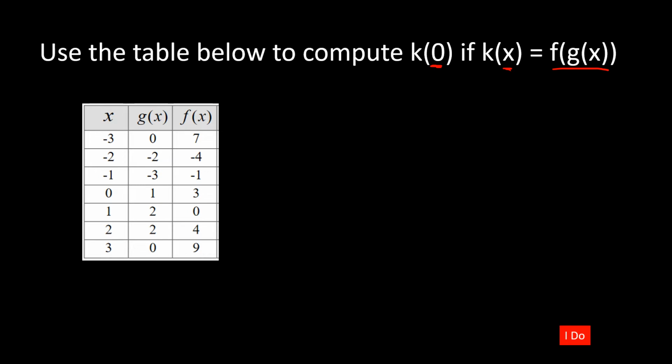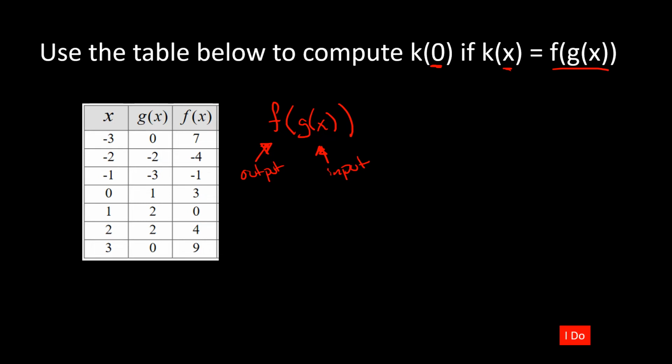So when we talk composites, we know that we can solve for these values, and we want to break this down. We know that f would be our output, and g here is our input. So we want to start from the inside and work our way out.